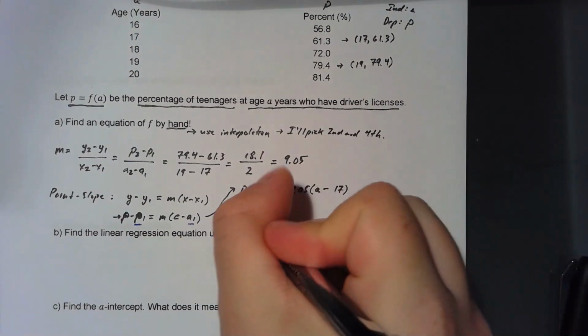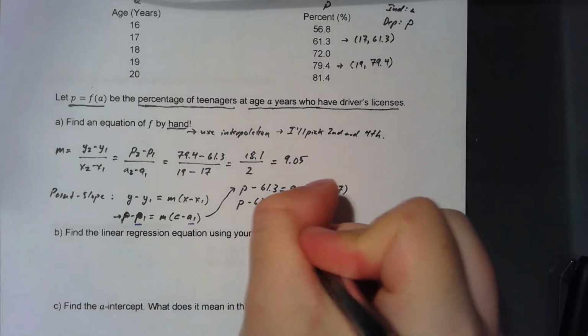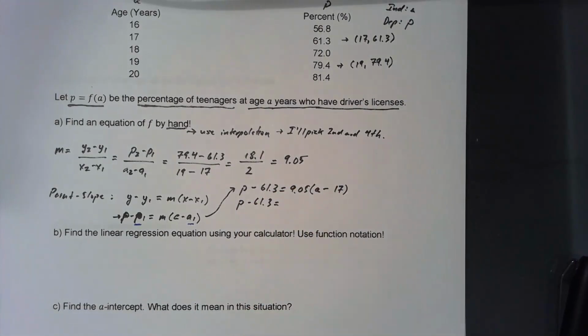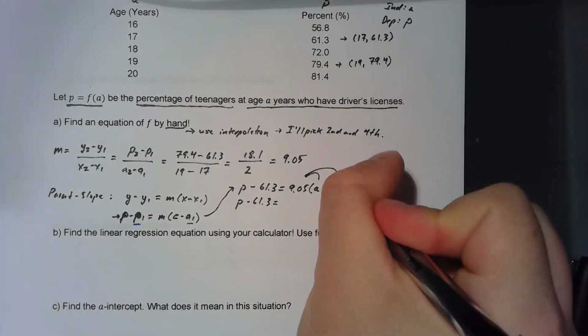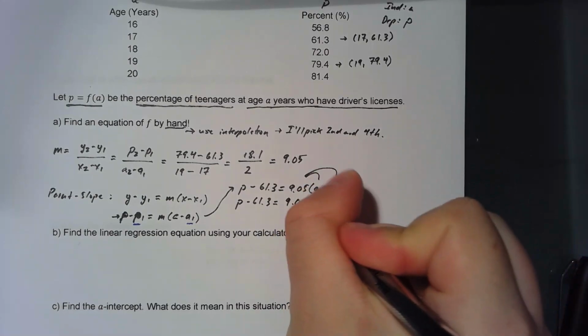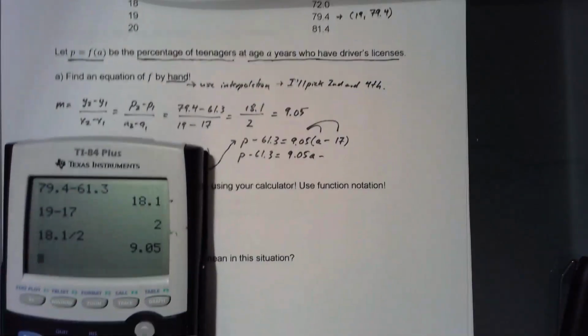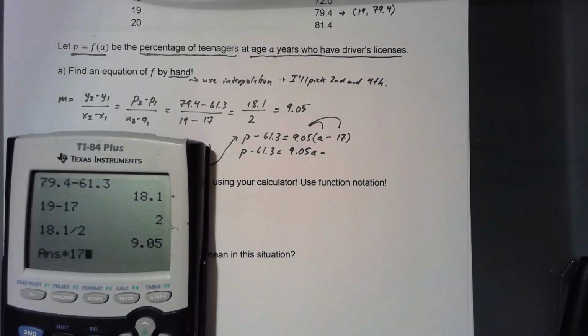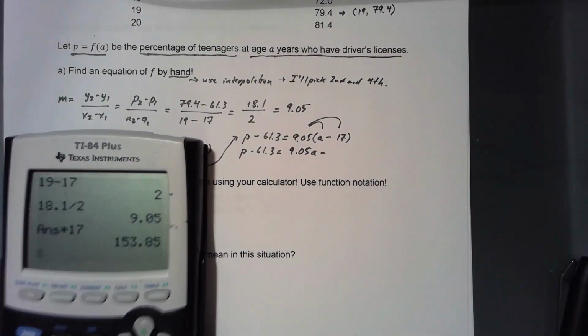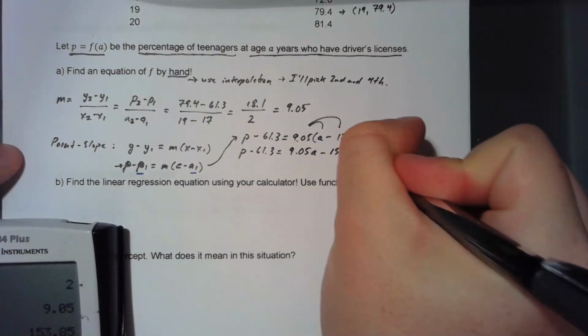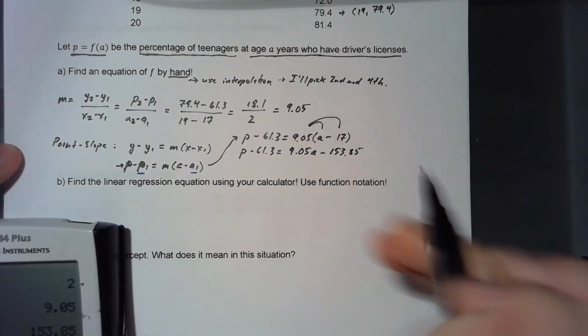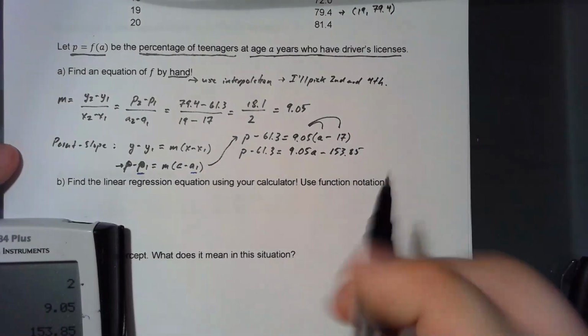Alright, now I just gotta do a distribution here. So 9.05a minus, and 9.05 times 17 is 153.85. Add 61.3 to both sides.